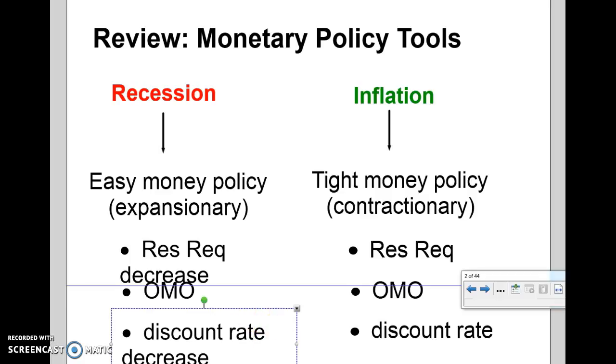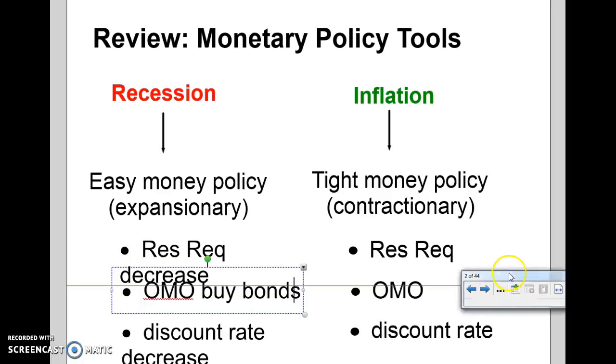Because if the discount rate is lower, then banks are more willing to borrow from each other and from the Fed, which will then increase the amount of money. The third one, the most used one, is open market operations. And the best way for the Fed to get money out there is by putting money in the hands of people by buying bonds. So that's their big open market operation type here.